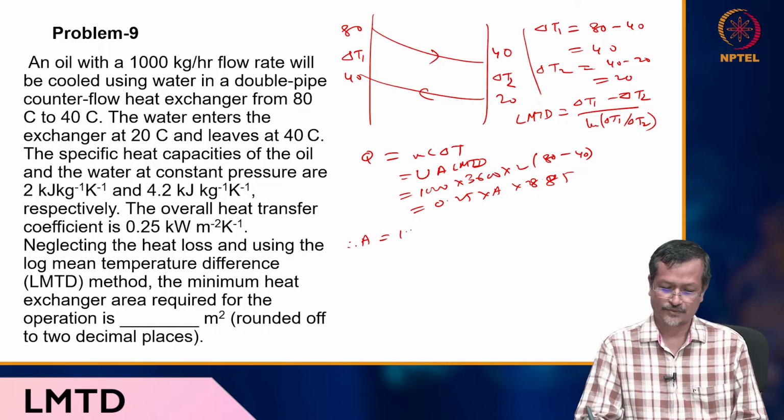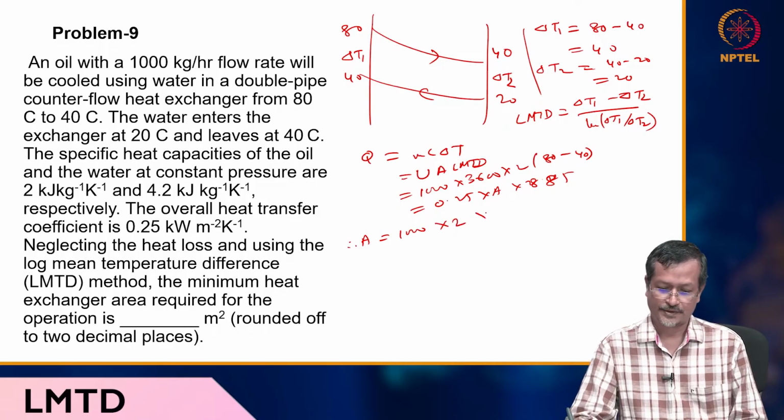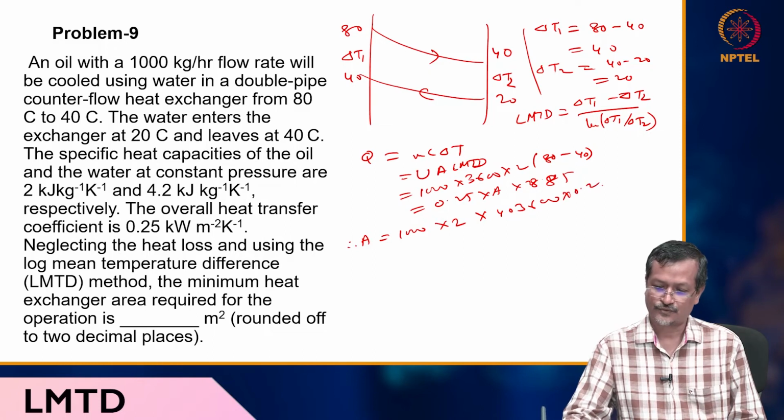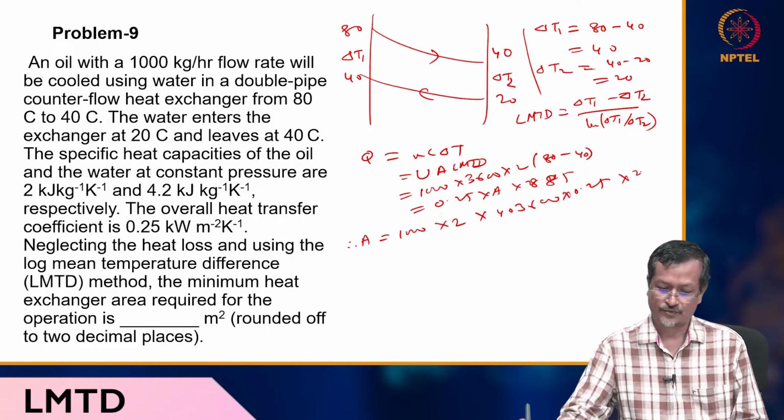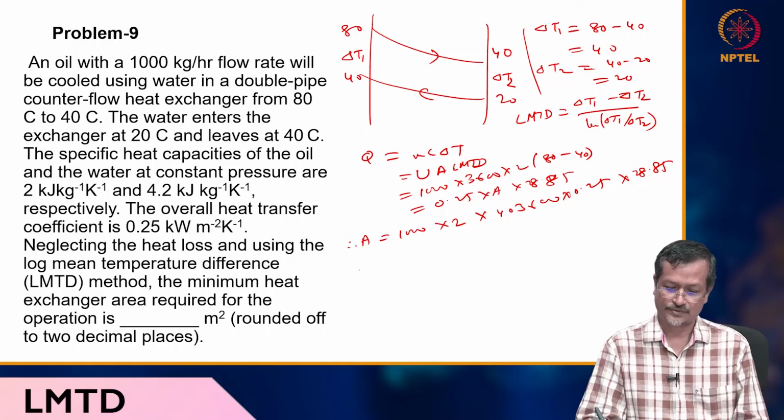Therefore A equals 1000 into 2 into 4200 into 40 divided by 3600 into 0.25 into 28.85, so equals 3.08 meters square.